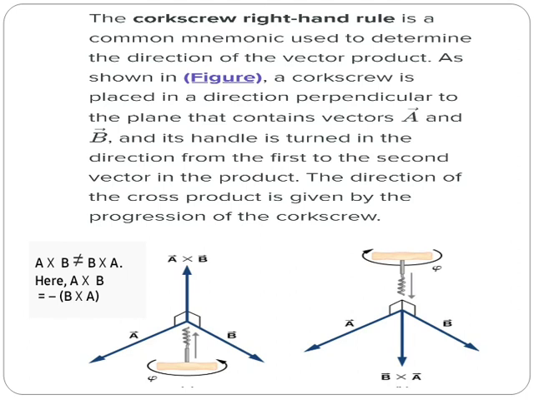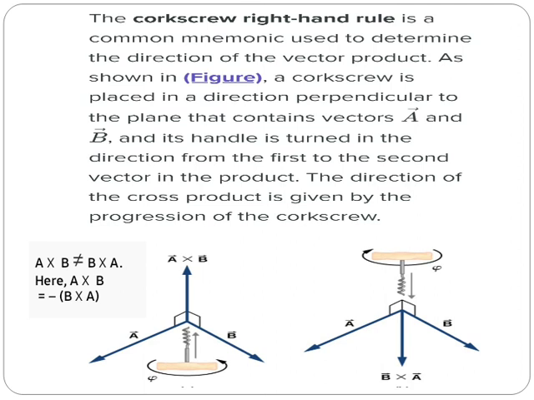From this figure, you see that a corkscrew is placed in a direction perpendicular to the plane that contains the vectors A and B, and its handle is turned in the direction from the first vector A to the second vector B in the product. As shown in the figure, it is the anti-clockwise direction. That is, the direction of its rotation is from the vector A to B.